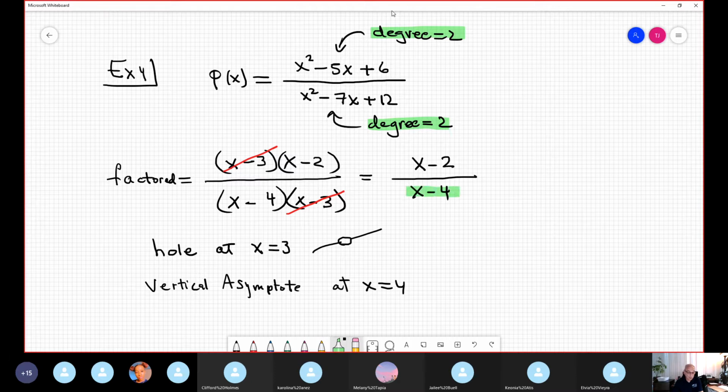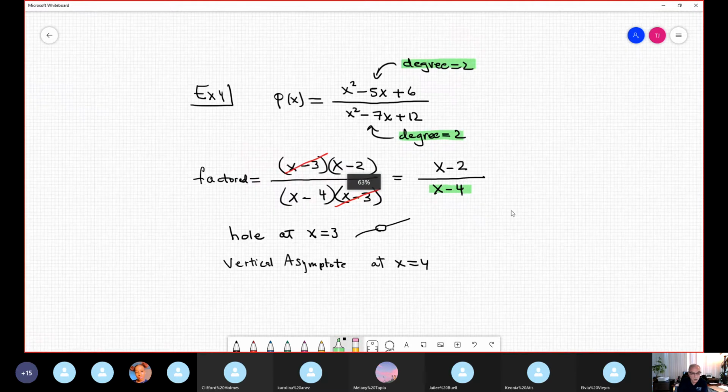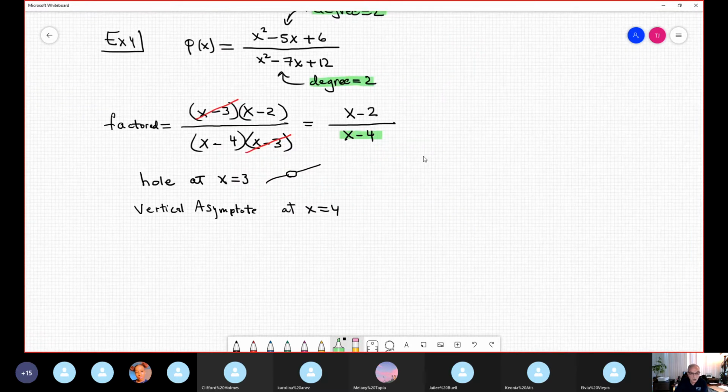Okay, professor. And what about the domain? Well, the domain excludes both, because in both scenarios, at 3 and 4, the function is undefined. Therefore, the domain is all real numbers, that is, the x values such that x is not 3 and not 4.